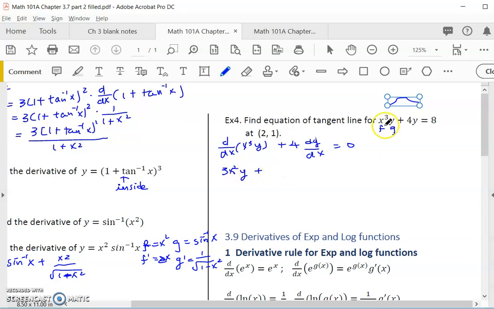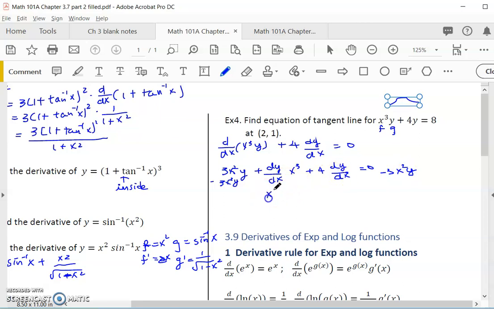Times g, f g' would be the derivative of this. The derivative of y is dy/dx times x cubed, right, times f. And then plus 4 dy/dx equal to 0. So again, we subtract 3x squared y on both sides. So all the dy/dx terms are on one side, all the non-dy/dx terms on the other side, and we factor it out.